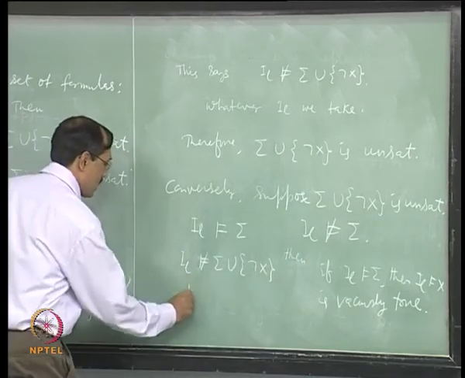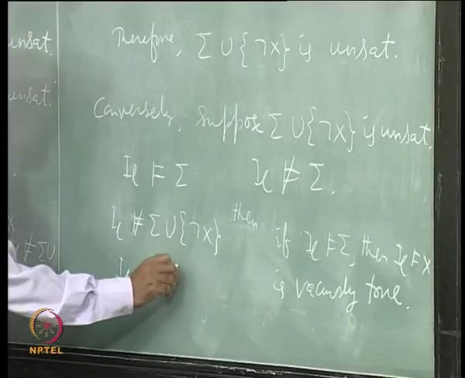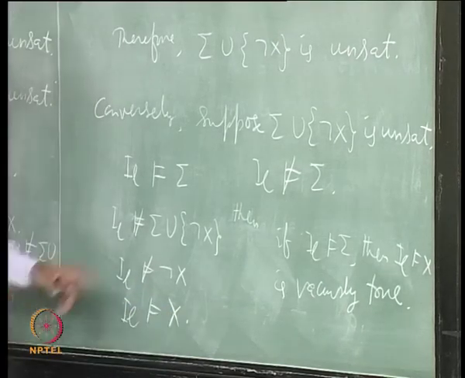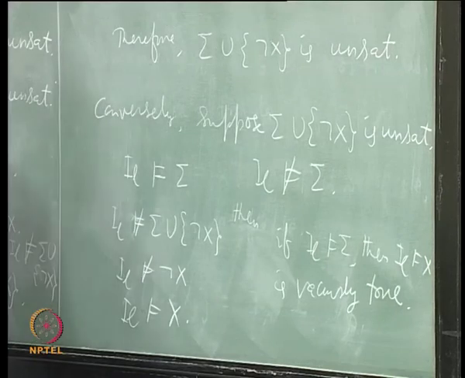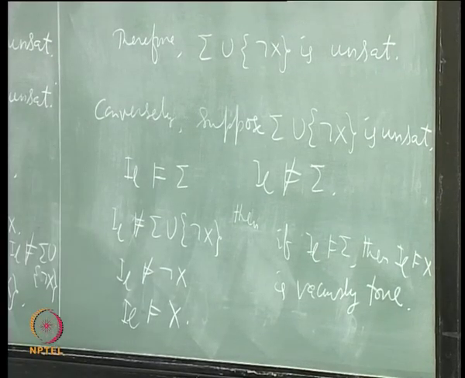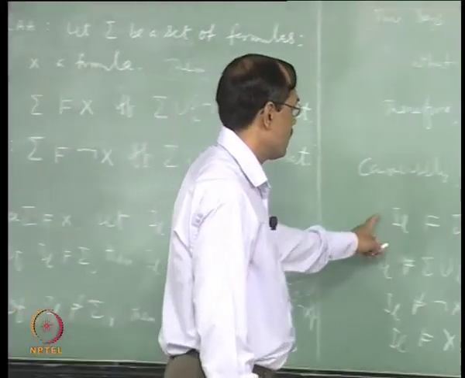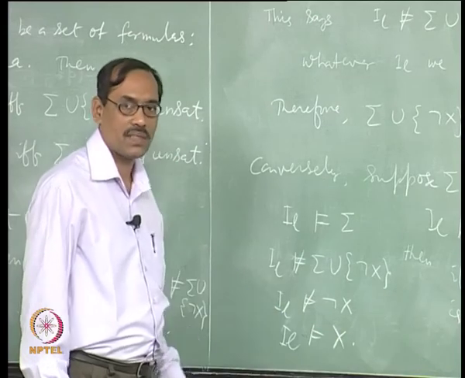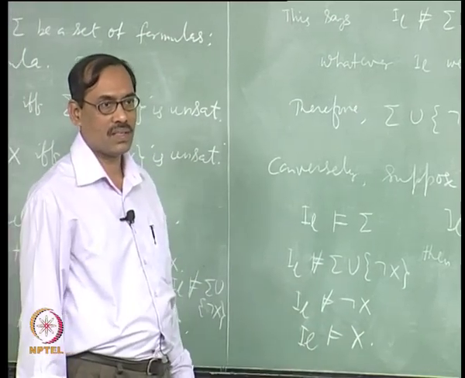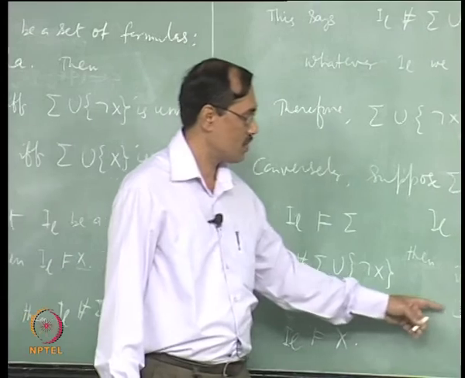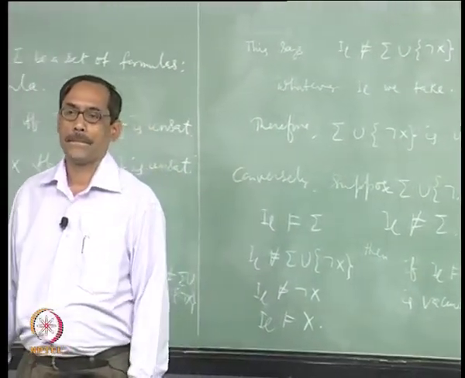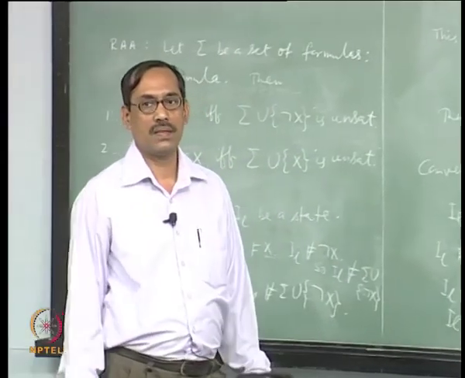So, this means IL falsifies not X, therefore, IL satisfies X, that is what we wanted. Is that clear? So, that means if IL is a state model of sigma, then IL is a state model of X. In both the cases that sentence is true, therefore, sigma entails X. Is it clear?